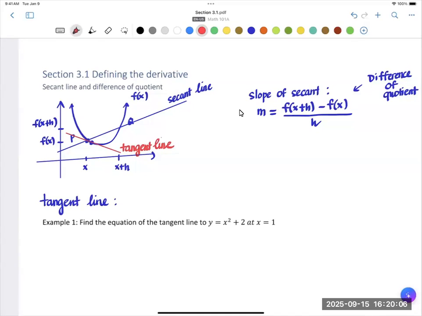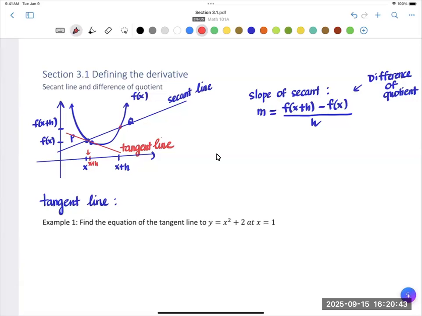So how do we find the slope of the tangent line? The tangent line is formed by moving the point Q really, really close to point P. When Q is getting really close to P, the distance between x and x plus h is really small, almost zero.